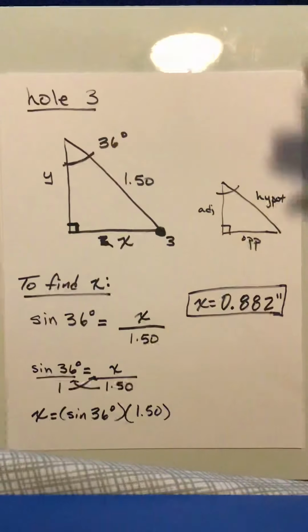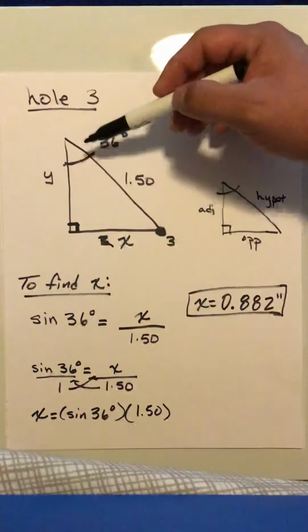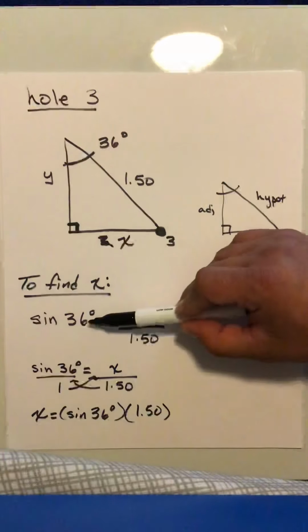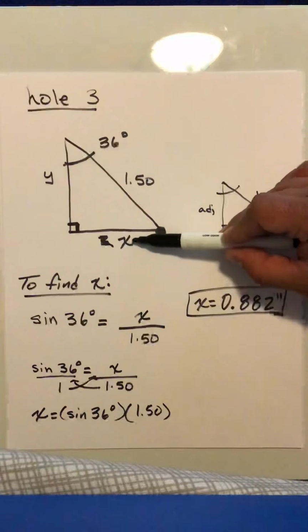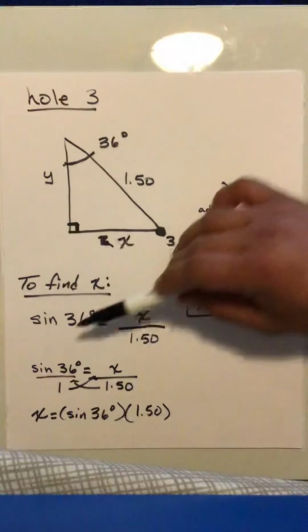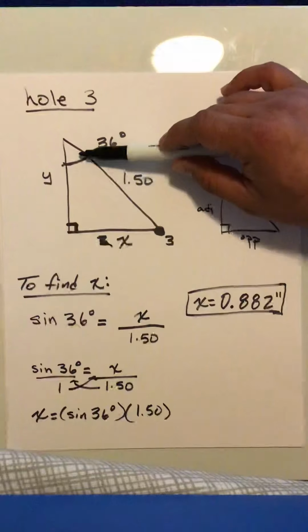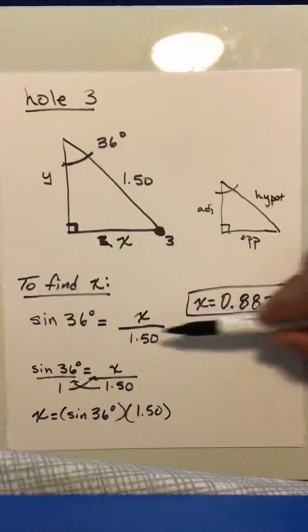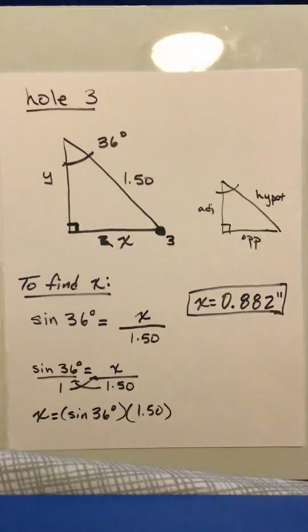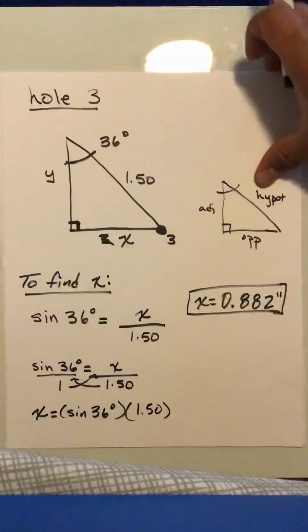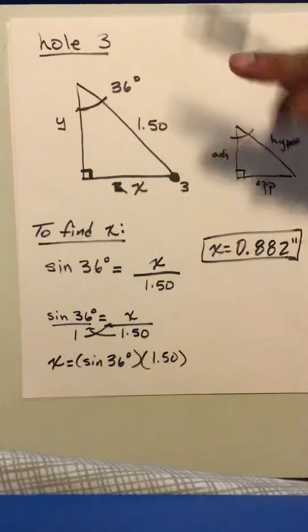So to find x, using this as my reference angle, it's sine 36, side opposite, which is x, over my hypotenuse. The reason I use sine is that, using this as my reference angle, the side opposite from that has to be the sine function over my hypotenuse. Of course, treat it as a proportion.